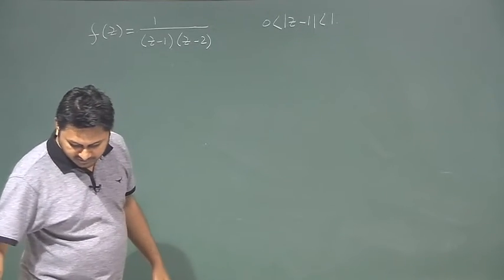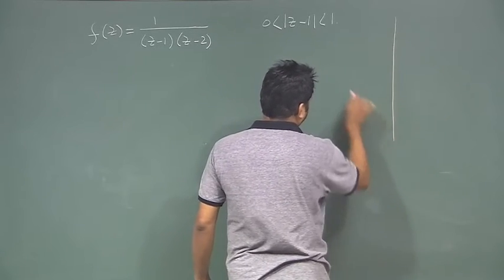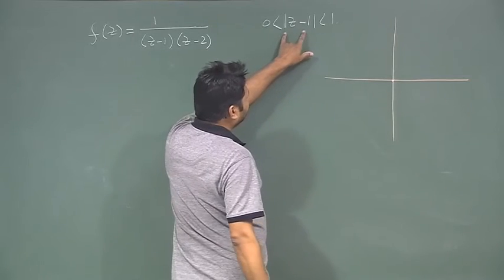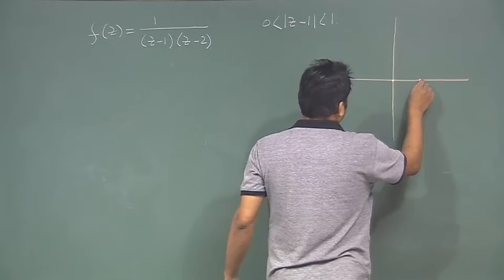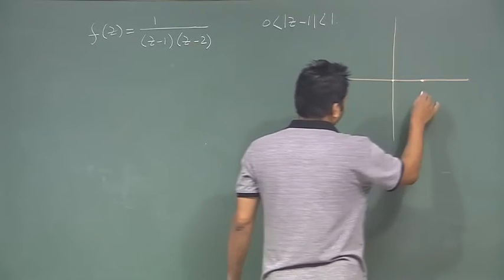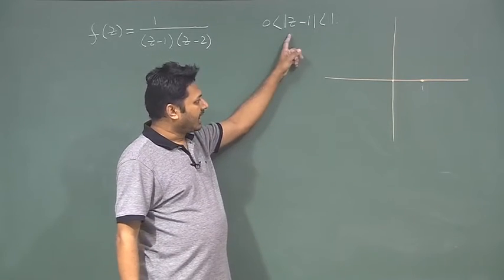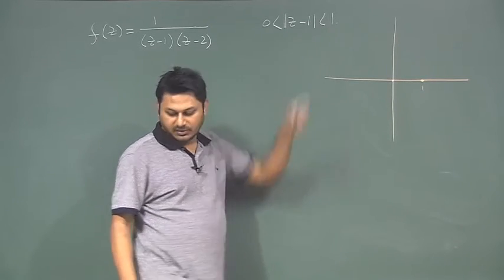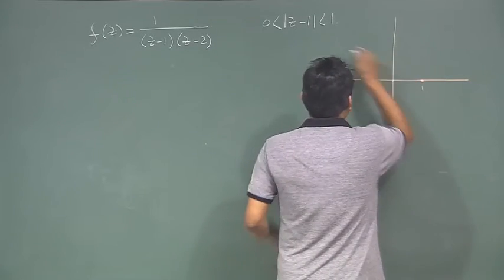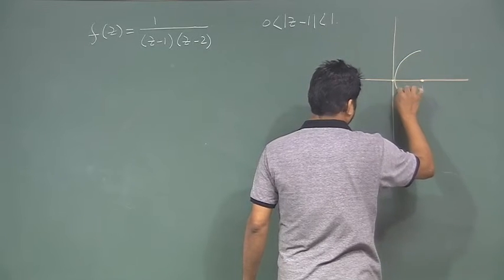So, again let us try to find out which region we are talking about. z minus 1 means I should have some point here. So, this is my point here, and having a radius 1, if I make a circle of radius 1, not equal to 1, less than 1, I should have a circle here something like this.